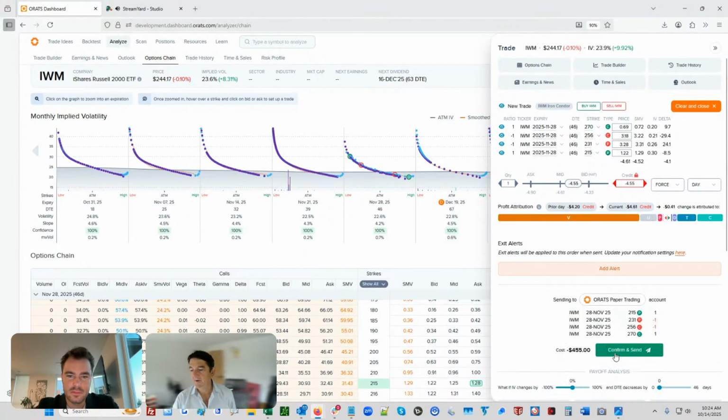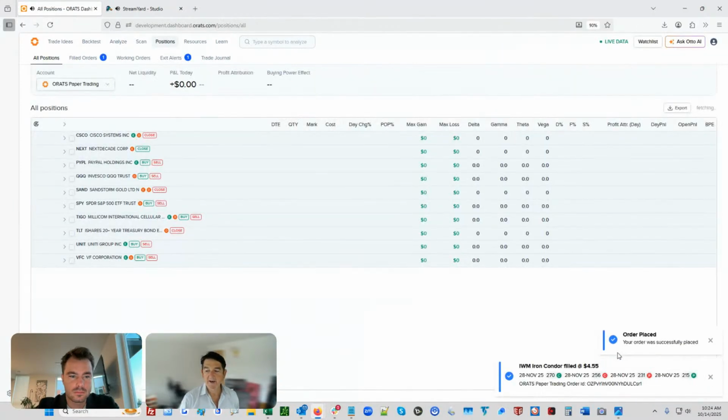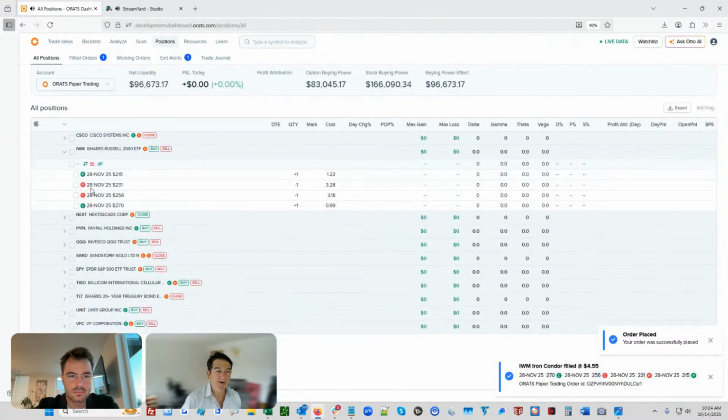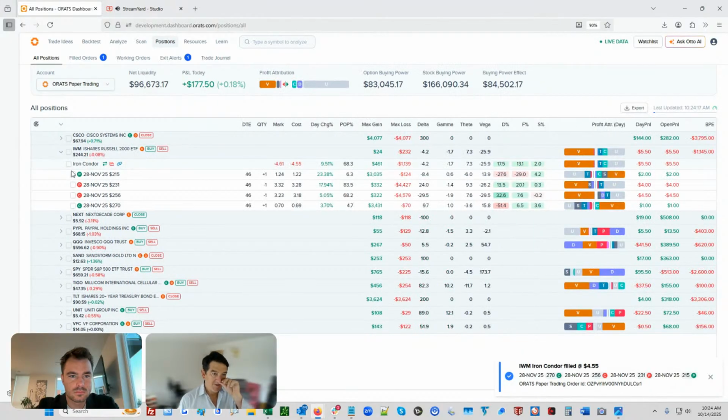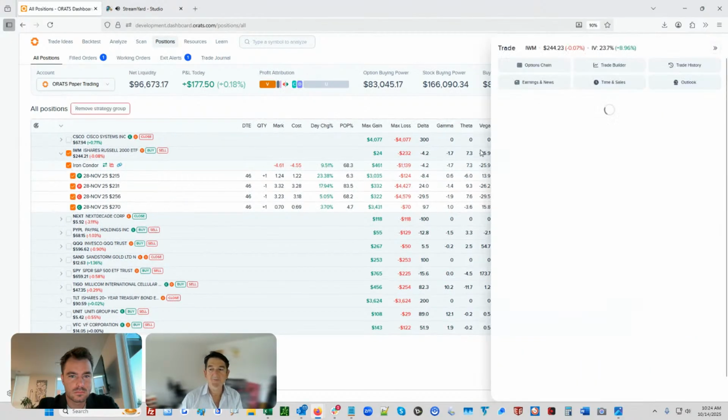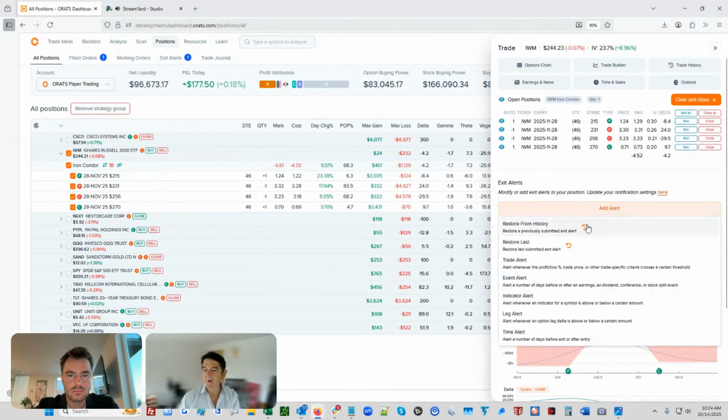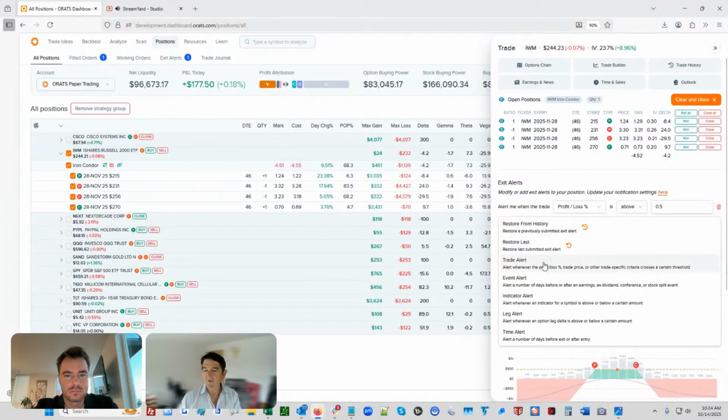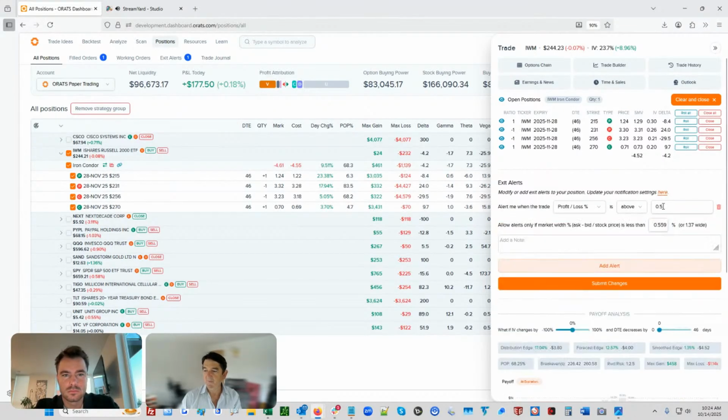Yeah, and so we found a trade that has good edge. So now we put it in our paper trading, and now we could put notes. Like first of all, we want to get a trade alert when our loss is below 25%.